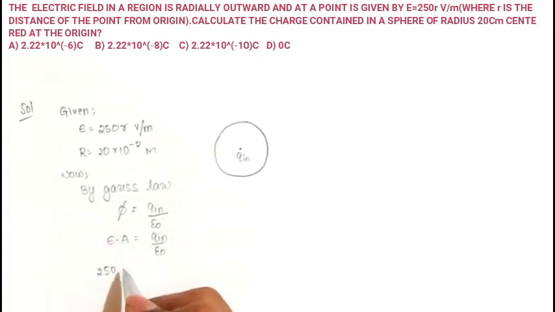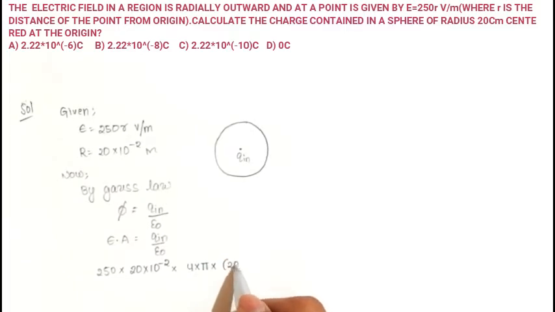As it is a sphere, so 4 pi r square: 250 into 20 into 10 power minus 2, into 4 into pi into r square, that is 20 into 10 power minus 2 whole square, equals Q in by epsilon naught.